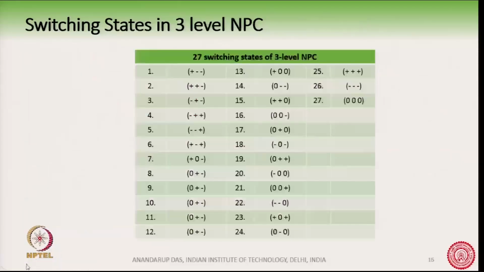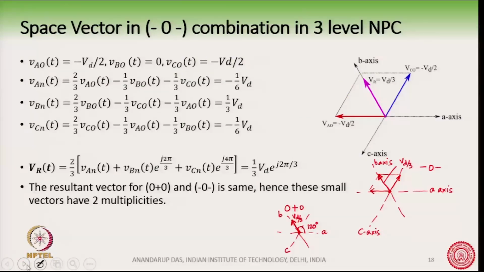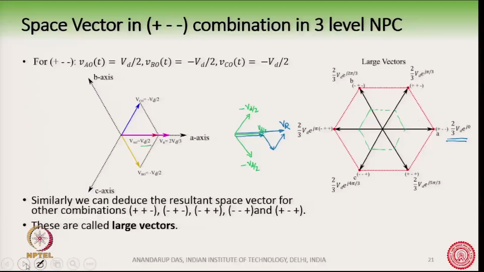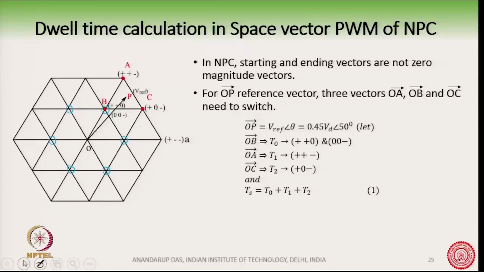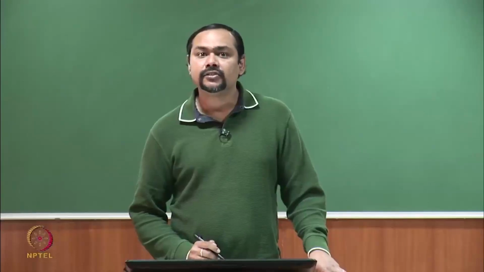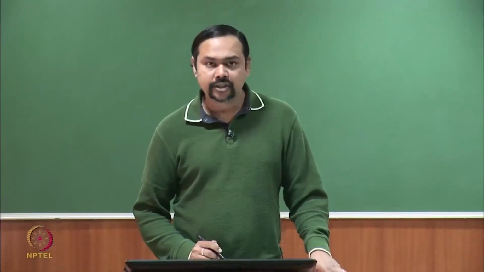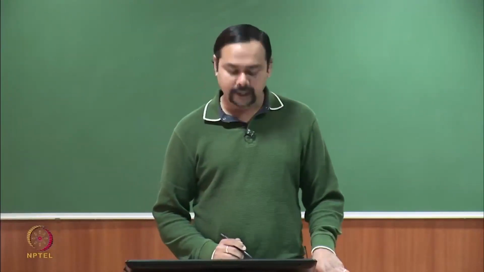But in this case you see that the starting vector and the ending vector, which will be OB, this vector is the starting as well as the ending vector. This vector will not have a 0 magnitude, it has a non-zero magnitude.